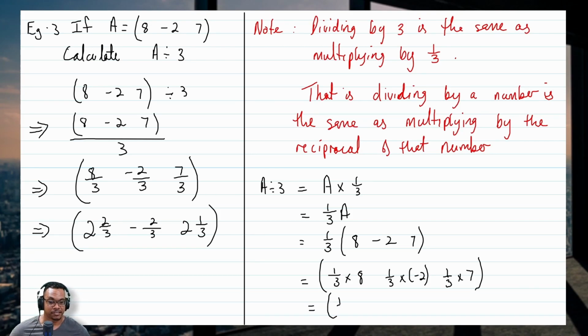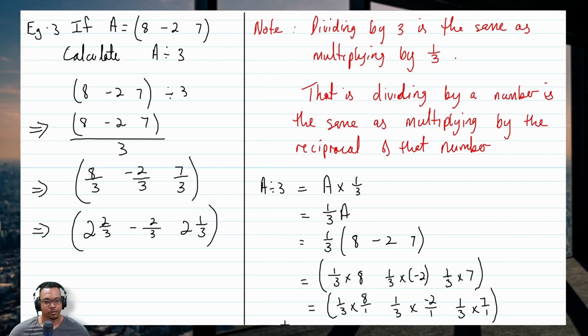Or you might say, okay, if the numbers are complicated, I need to cancel. So 1/3 times 8 over 1, 1/3 times -2 over 1, and then 1/3 times 7 over 1.